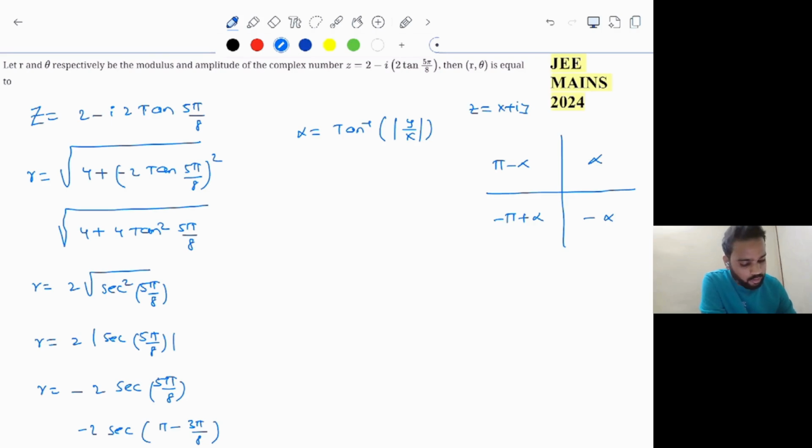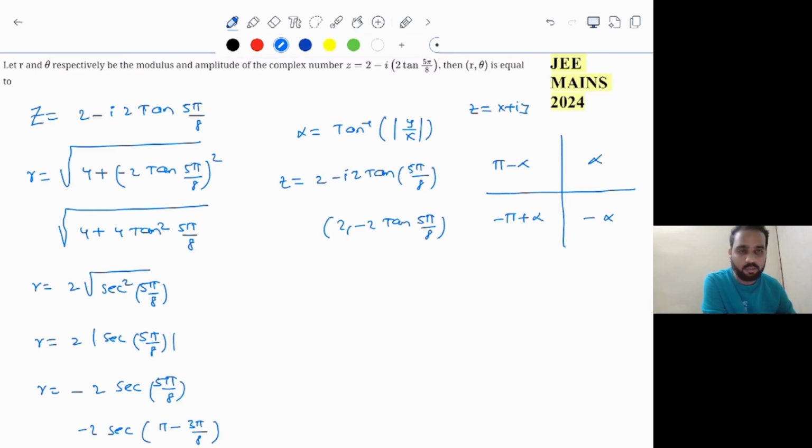So let's do that. Here, what is the complex number z? That is 2 minus i into 2 times tan of 5π by 8. Now you might think that this complex number is lying in the fourth quadrant because you have the point 2 comma minus 2 into tan of 5π by 8.